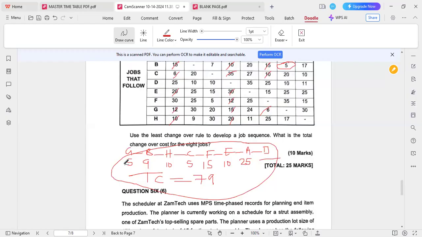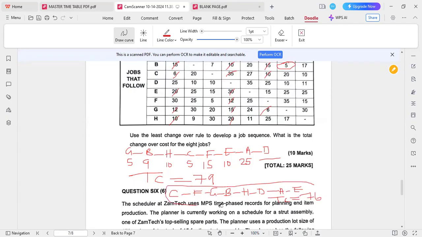The other one gave us a total cost of, the other one was C, F, G, B, H, D, A, E. And the total cost is 76. So this is the sequence to go for.